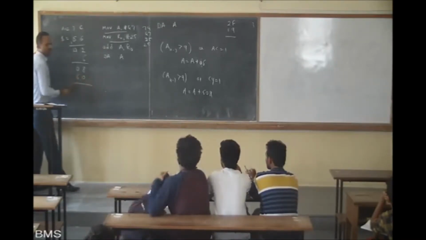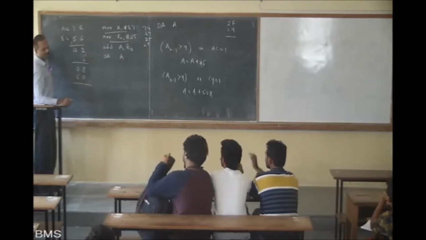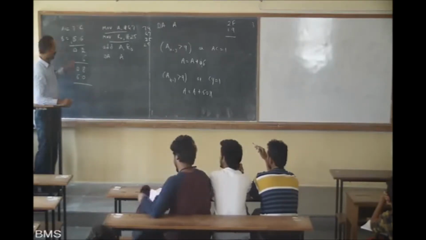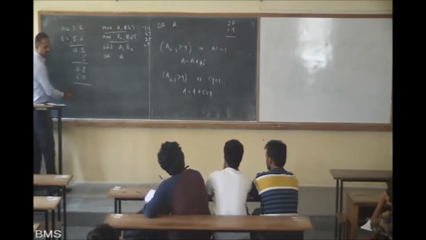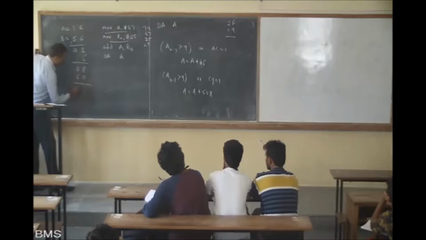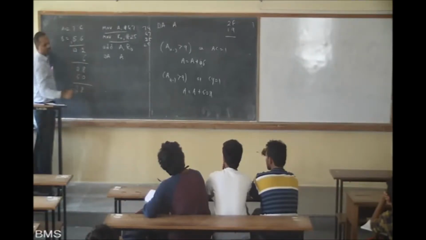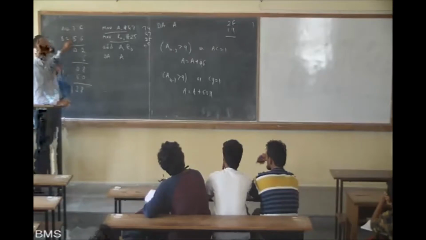If I add 60, what happens now? D plus 6 is what? C plus 6 is 12, D plus 6 is 13. Correct? 138 is the answer. 7C, 56, 138. 7C is what in decimal?